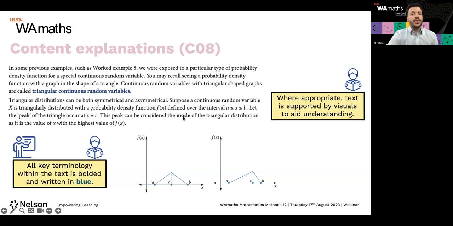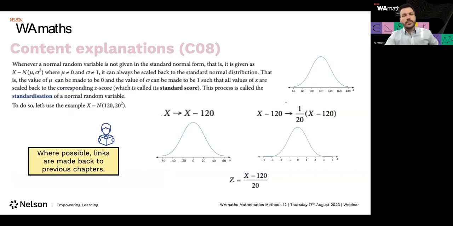That would suggest that the terminology is important, but it's not important enough to be a glossary term. It may be a term that they've seen before, like mode, which is something from their Year 8 curriculum, Year 7 curriculum. So it's not necessarily specific to a SCASA glossary point. And if you see this CO8 or CO9, that's just me referring to the fact that I've pulled this example from chapter 8 or chapter 9.